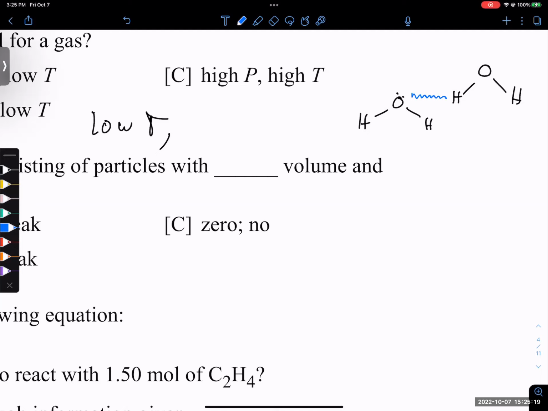If you are moving slower, it's easier to interact with another molecule. But if you're moving faster, it's a lot harder, because the time that you're next to that molecule decreases.